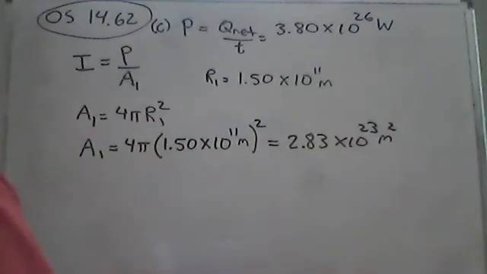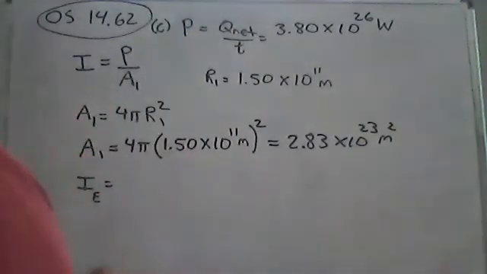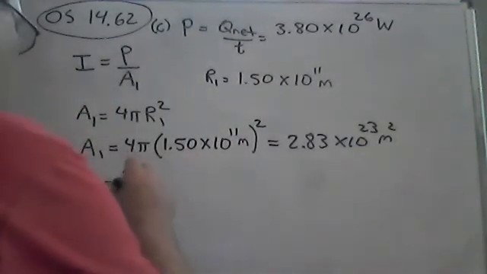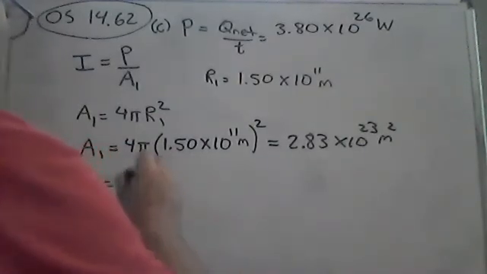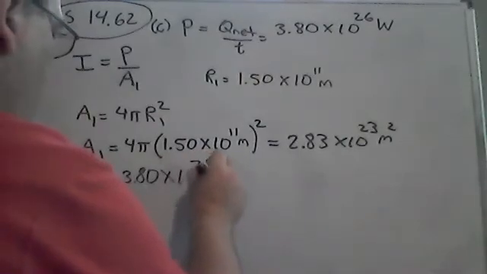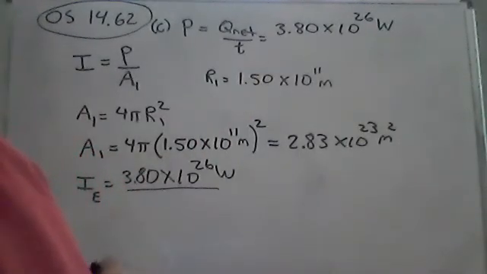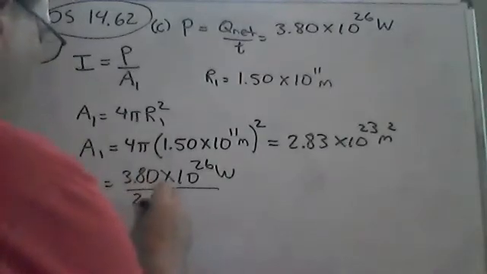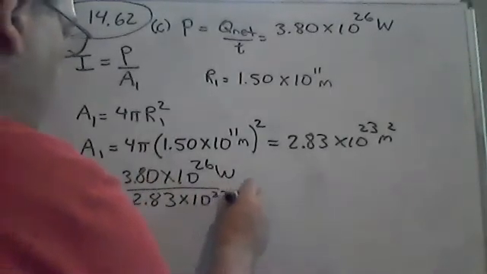Okay, now, what's the intensity? This is the intensity at the Earth, a little E for Earth, if you will. Okay, what's that going to be? Well, it's going to be the same power. The sun still radiates the same amount of power, 3.80 times 10 to the 26th watts, divided by 2.83 times 10 to the 23rd meters squared.